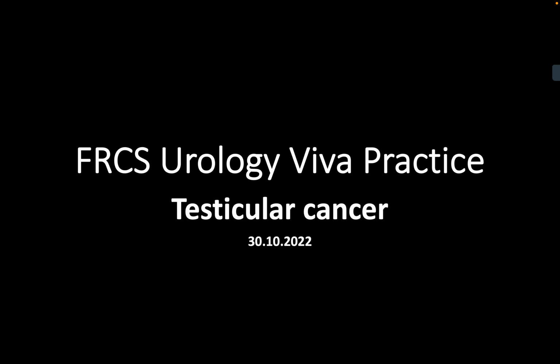Okay. So what would you do in that situation? In these circumstances, the patient should be counseled for a biopsy of the contralateral testis whilst the patient is having an orchidectomy for the testis that has the tumor. Okay. And how do you do the biopsy of the contralateral testis?